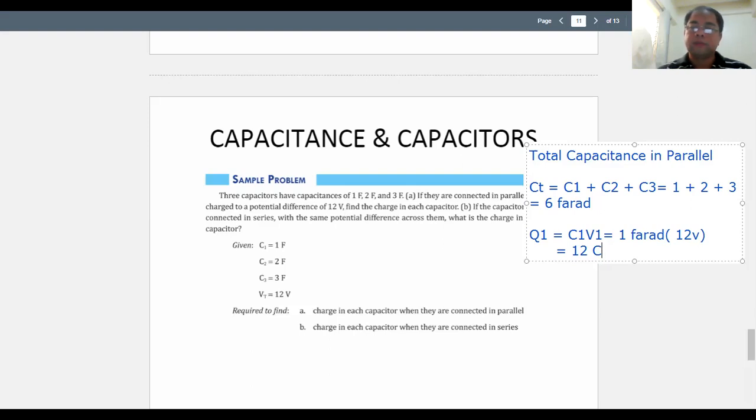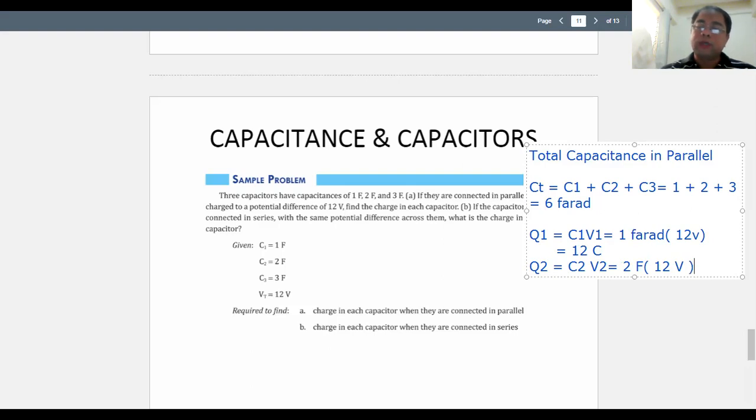So capacitance times voltage. For Q sub 2, it's C2 times V2. Now, what are the voltages if it is in parallel? The voltages are equal, so it should be 12 also.